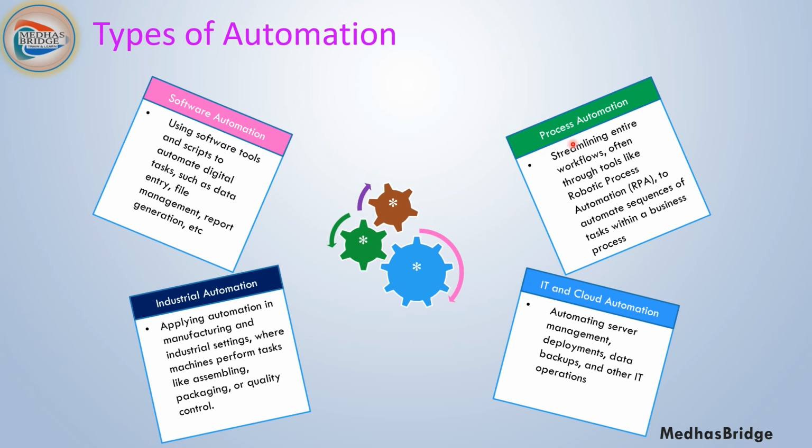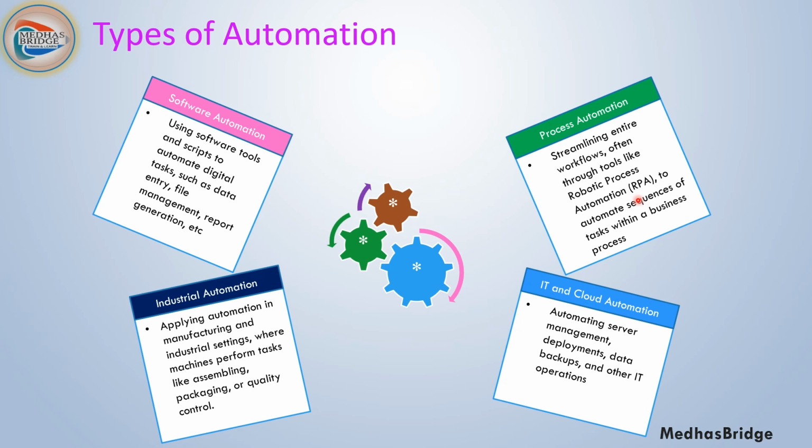Let's look at process automation. It means streamlining an entire workflow, often through tools like RPA. RPA means robotic process automation, to automate a sequence of tasks within a business process. When you have a sequence of tasks to be performed as part of your business process, you use a robotic framework to automate such a scenario.